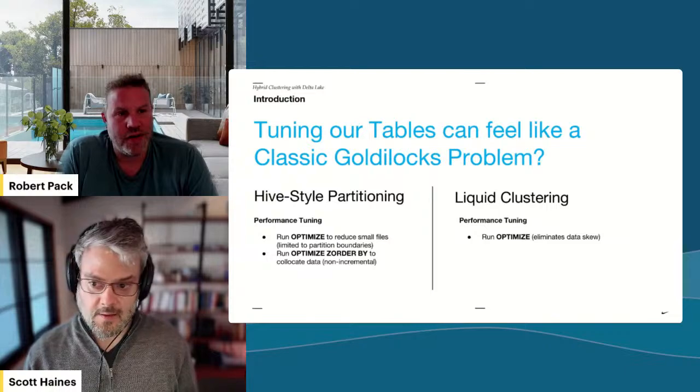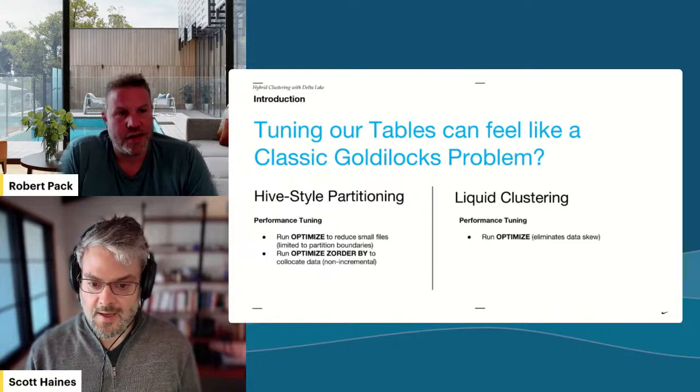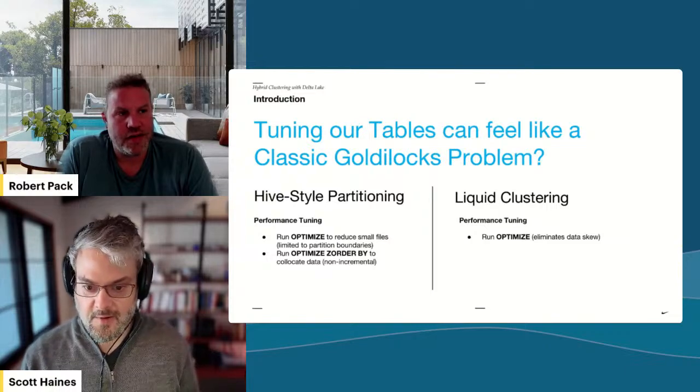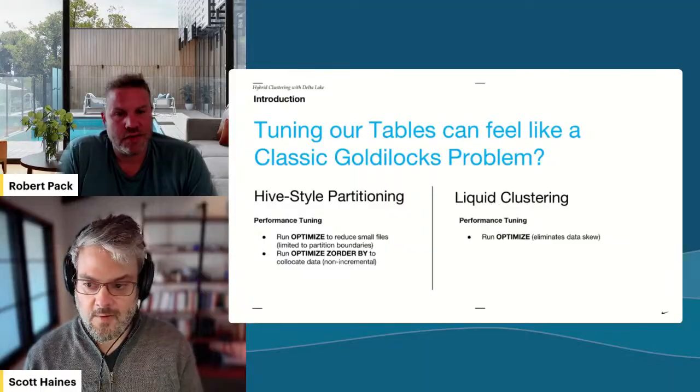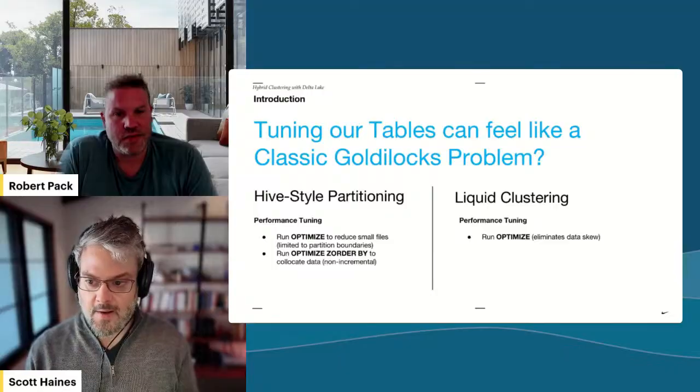If you think about this as a Goldilocks-style problem, choose whatever oatmeal you want, hive-style partitioning is too cold, maybe, and liquid clustering is too warm. We want to find a happy medium. We want to use both, but where it actually makes sense.